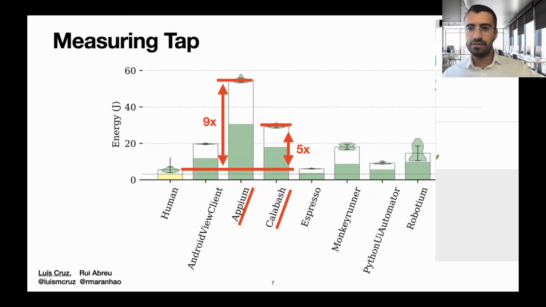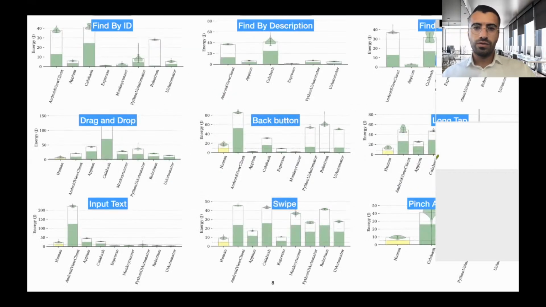This may affect the results of the energy test. They may make the energy tests unreliable. In the paper, you can see the same thing for find by ID, drag and drop, back button, swipe, and all these different interactions. We make comparisons and we discuss some of the implications.